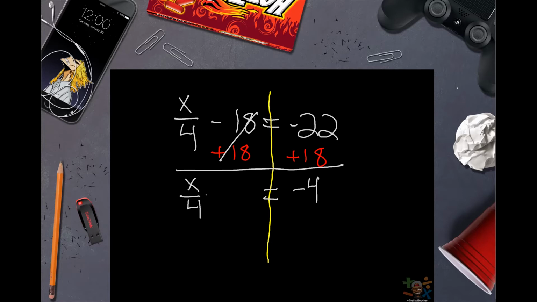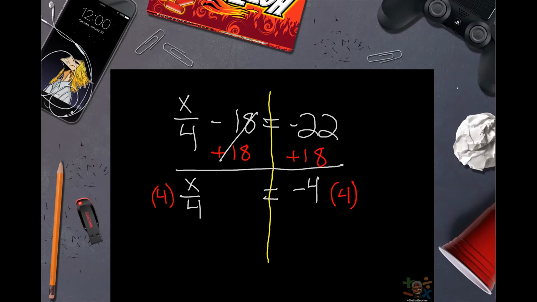So I have to multiply by whatever is on the side with the variable. 4 is on that side, so that's what I'm going to multiply by. Whatever I do to one side, I have to do to the other. So I'm going to multiply both sides by 4.